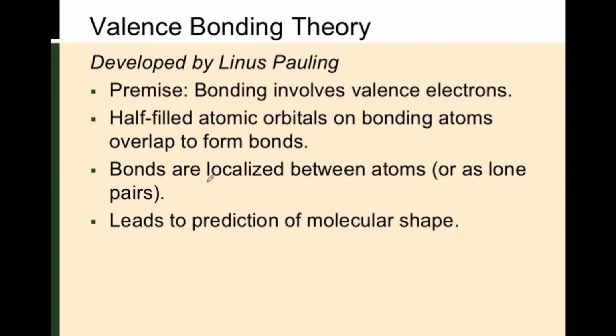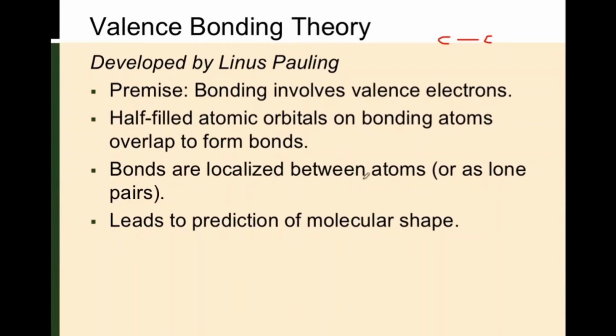So what does this mean? Well, it means the bonds are localized between atoms. So whether it's the carbon-carbon bond or the carbon-hydrogen bond or whatever covalent bond it happens to be, the electrons have to meet each other. If the orbitals don't at least overlap a little bit, then there can be no bond. They have to handshake. The handshake doesn't exist if the two hands are separated.